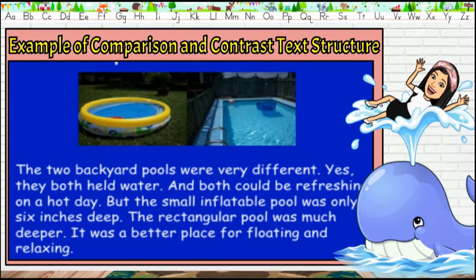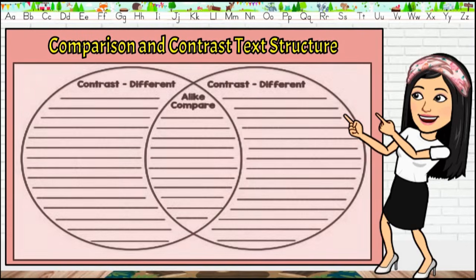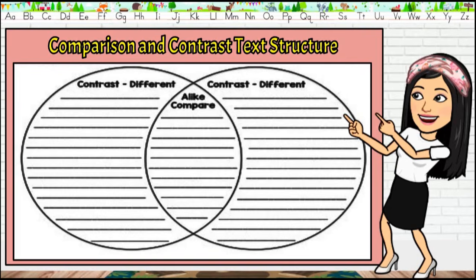In this example, the small inflatable pool and the rectangular pool are being compared. The Venn diagram is used to write or analyze a comparison and contrast text structure.